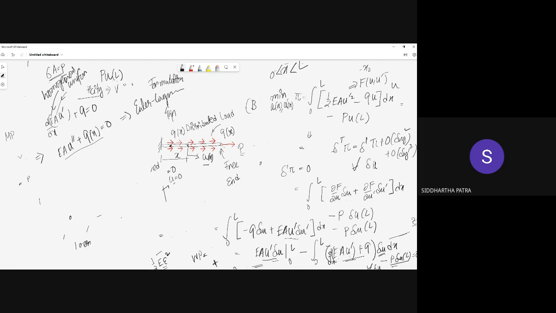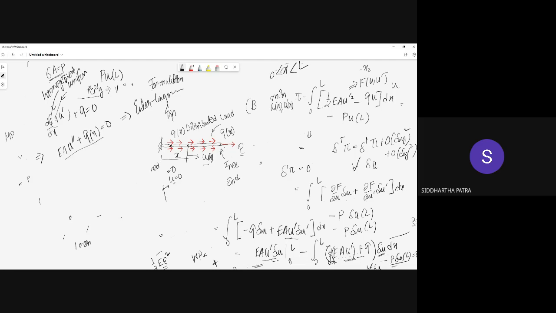Since it can be anything, the only way this is to satisfy is that whatever is inside the integration goes to 0, and whatever are the boundary conditions, when all of them are considered together, go to 0.